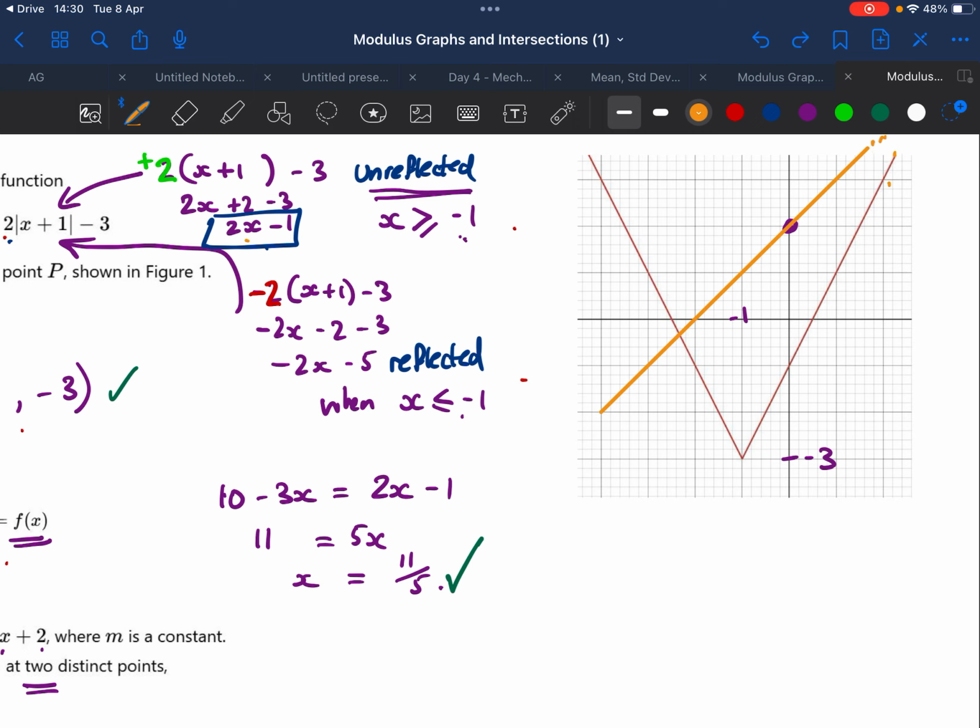So the first condition I've just discovered is that the gradient needs to be less than 2. A gradient less than 2 gives me a scenario like I've got here on the screen, where they're going to cross here and they will already cross over there. So if I want them to cross twice, the gradient needs to be less than 2.